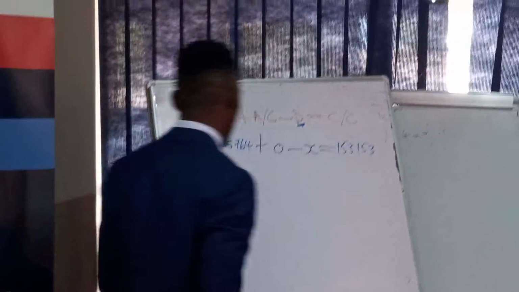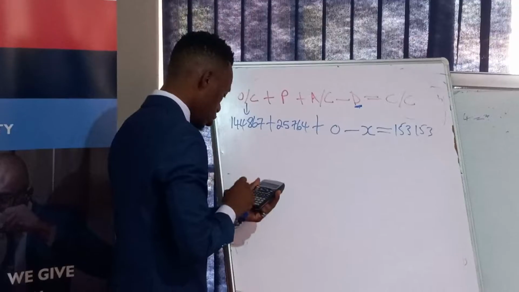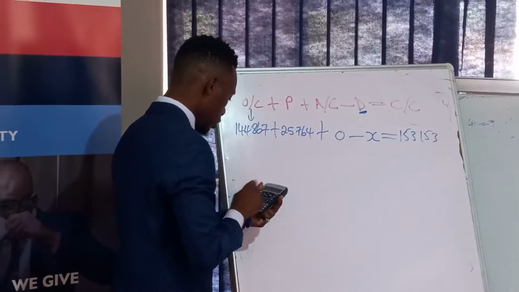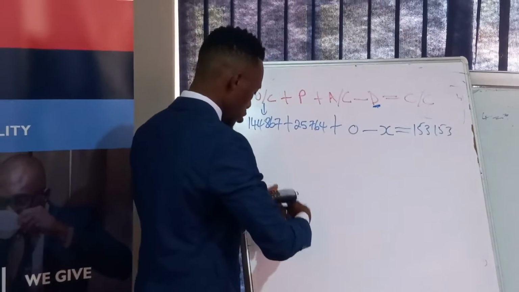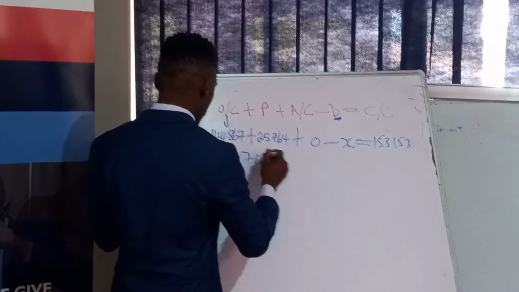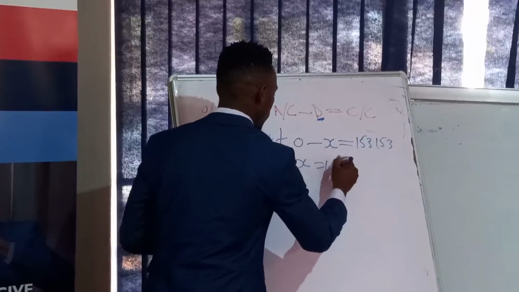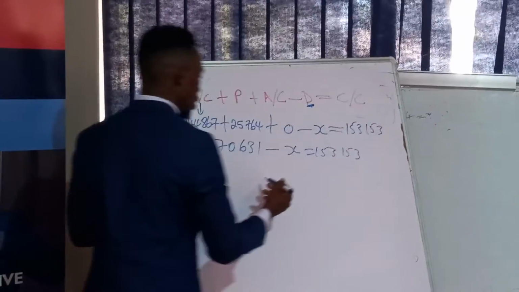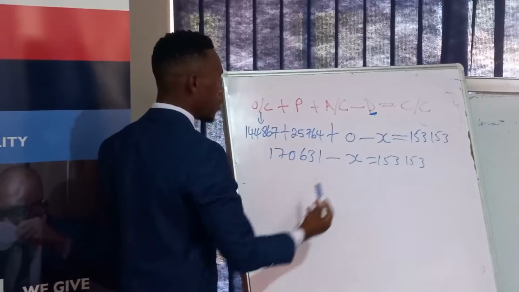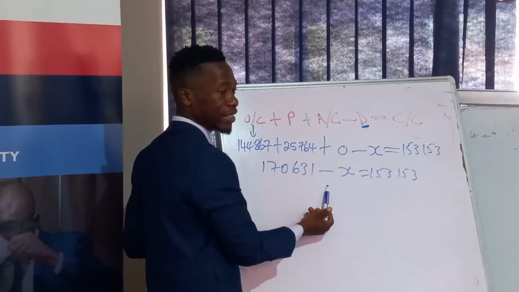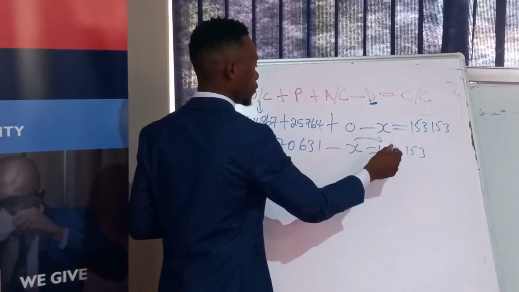Alright? Before you say this closes to the other side, just add here, right? 114,867 plus 25,764, I'm getting 170,631. Minus X is equal to 153,153. Now, what is the easiest thing to do? I want my X, but here my X is negative, right? So what if you do this?